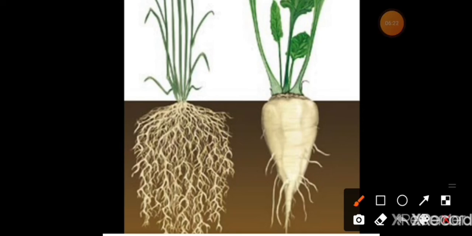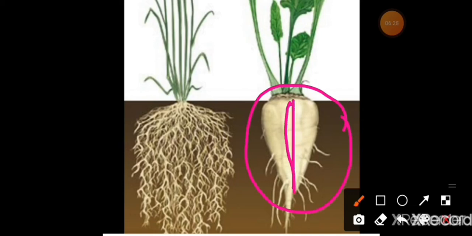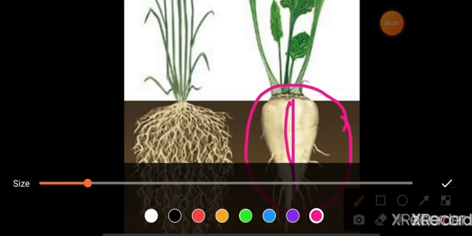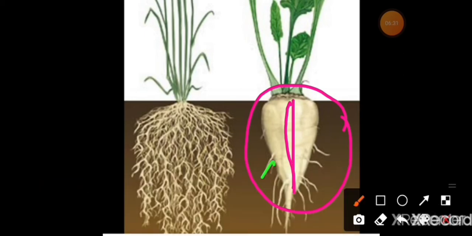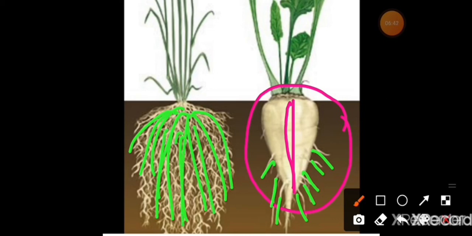This is the taproot, in which this is the primary root, and from it small roots originate. And this is the fibrous root. You look here, these are the fibrous roots. It looks like a bunch of fibers or bunch of roots, and it grows in all directions.